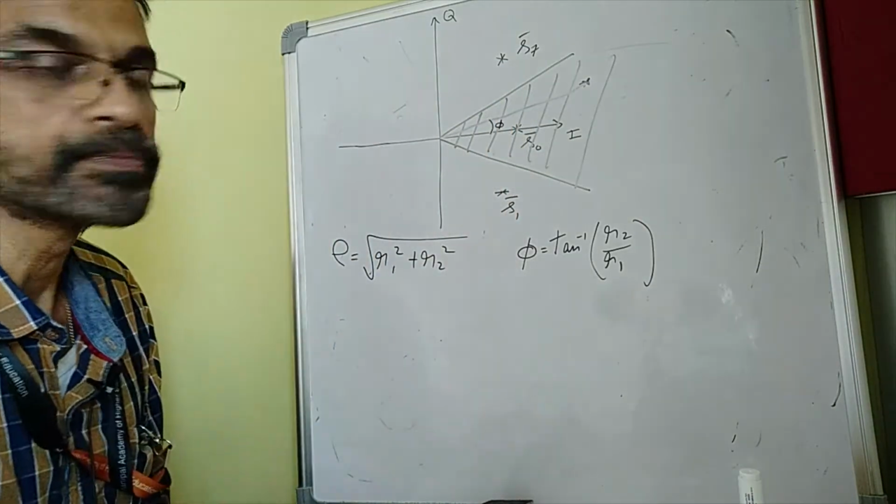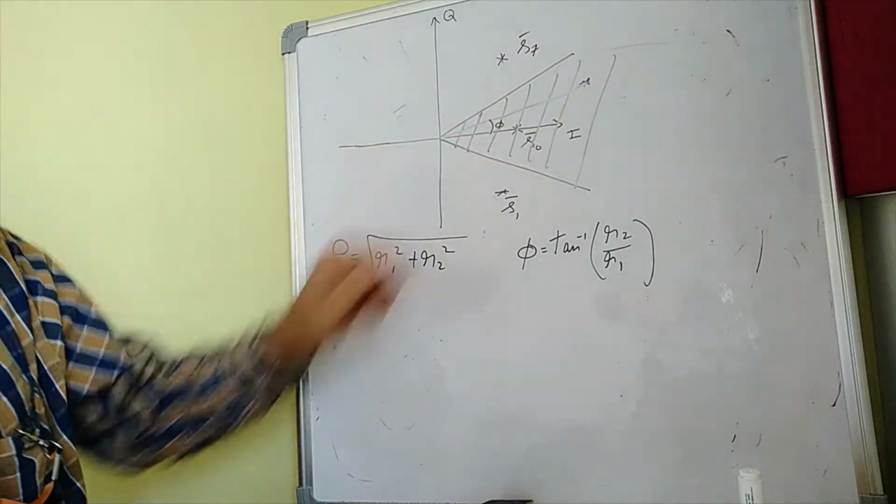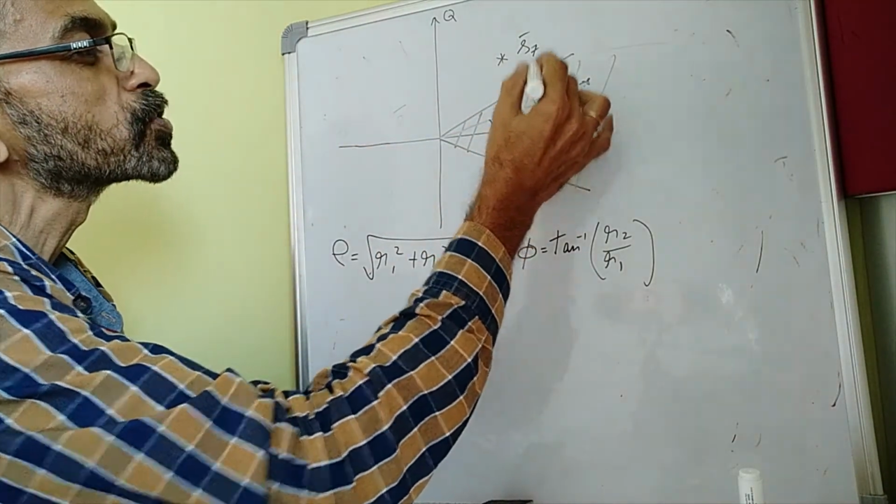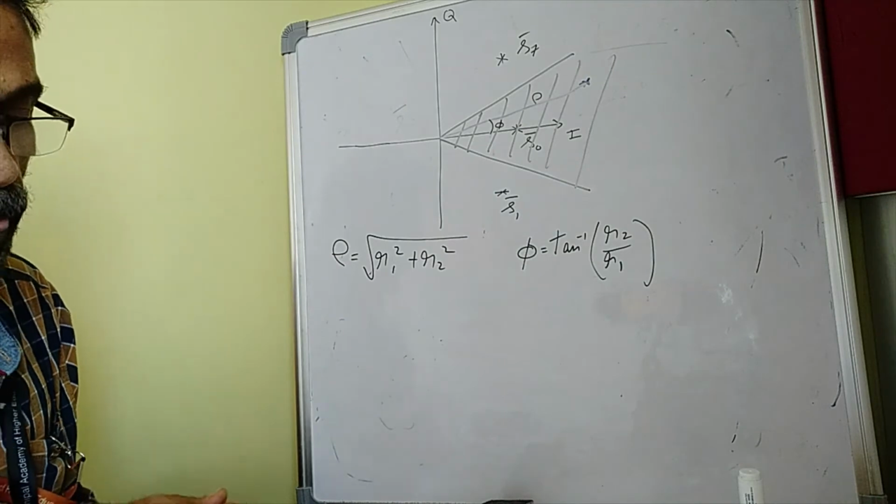This angle will be phi, and this will be rho. So you know this polar coordinate system.